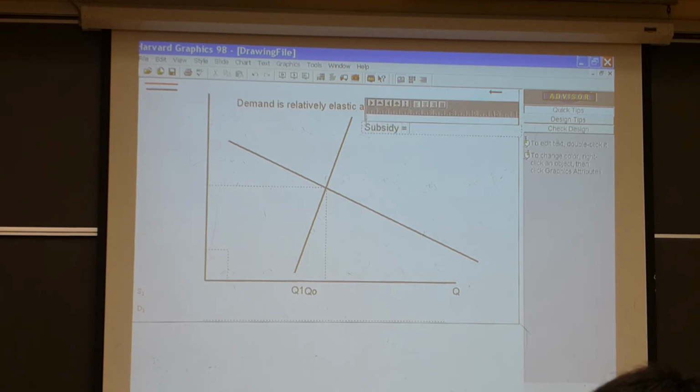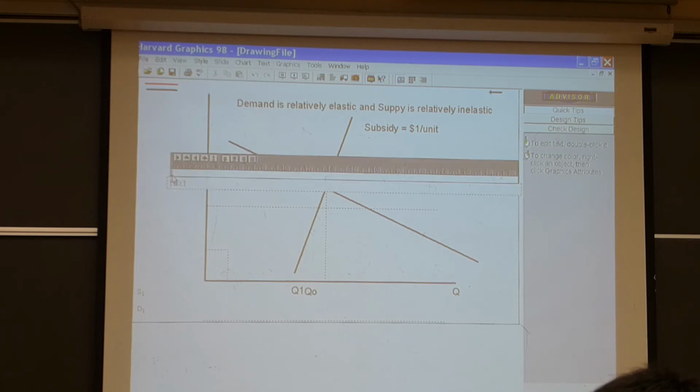Now, what I want you to do is, there's a subsidy equal to $1 per unit. Now, what a subsidy is, the government gives the supplier $1 for everything they sell, as opposed to taking $1 for everything they sell. So the supply function shifts down by $1, and of course we're going to use this here to represent that. So this is P0.